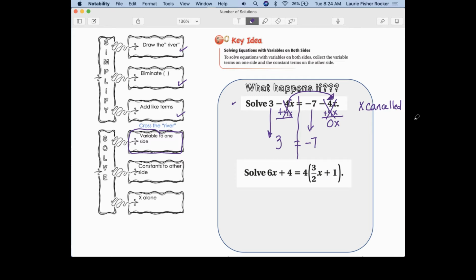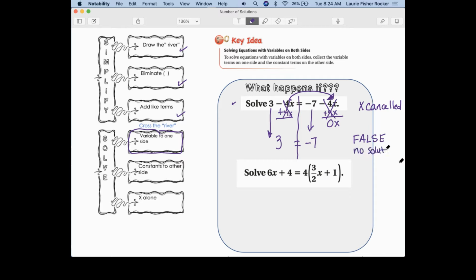And then the remaining statement was false. 3 does not equal negative 7. So that tells us there is no value for x, nothing we can put in for x to ever make this true.